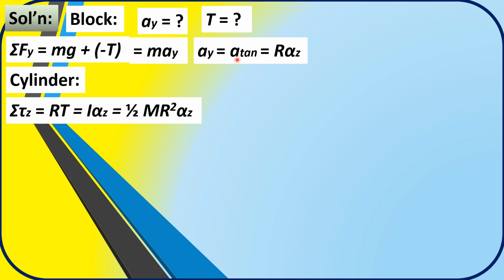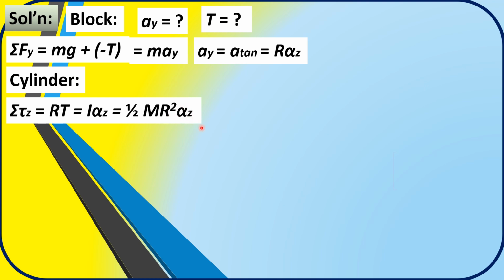The tangential acceleration is just equal to the product of the radius and the angular acceleration alpha sub z. And this is what we are going to substitute in our torque equation here. Instead of alpha z, we are going to have the tangential acceleration divided by the radius capital R.